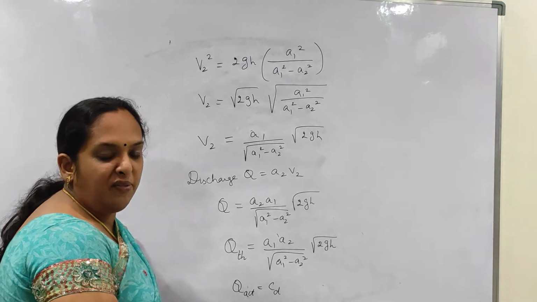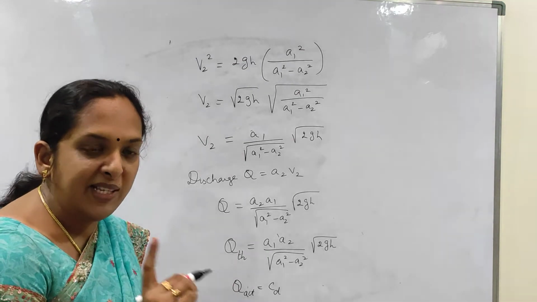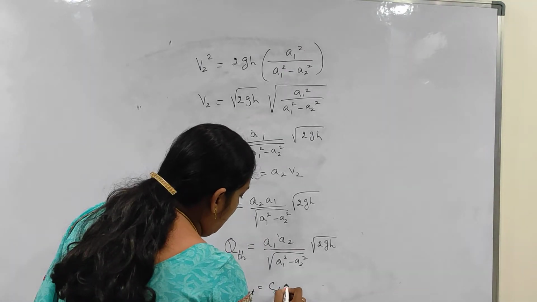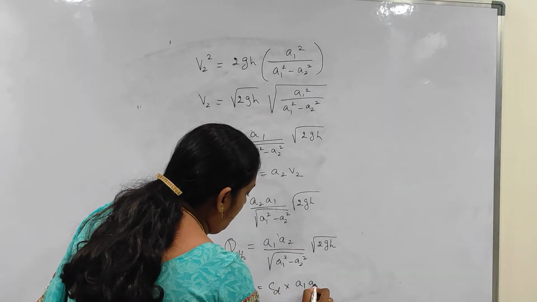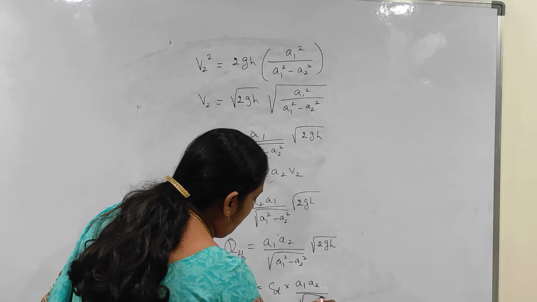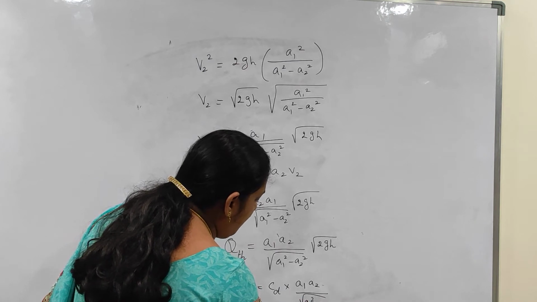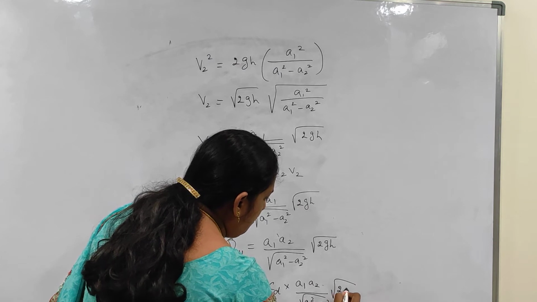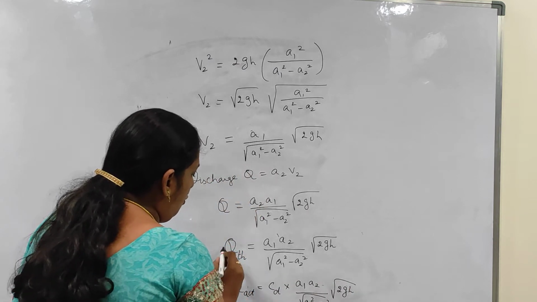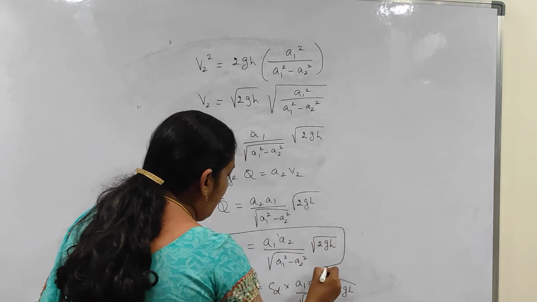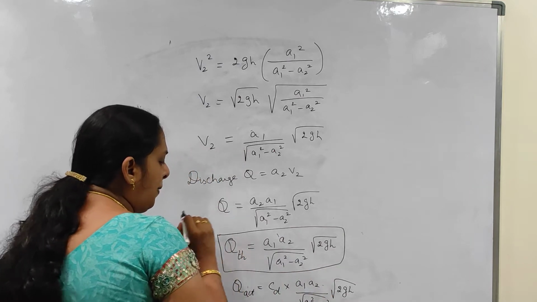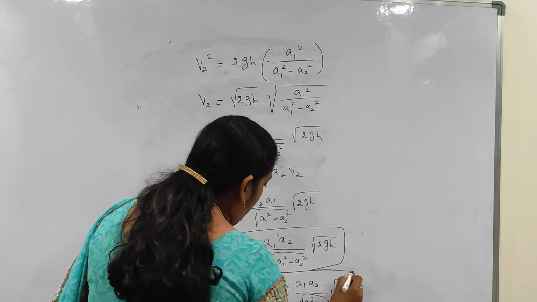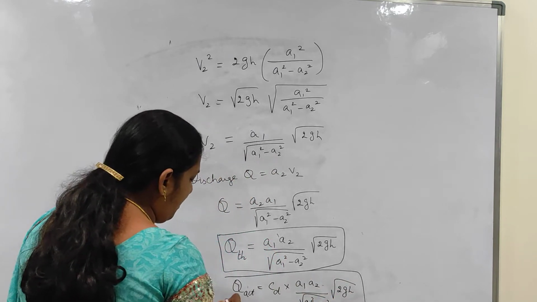CD is the coefficient of discharge, and its value will always be less than 1 in the case of a Venturi meter. So Q actual is CD into A1 A2 by root of A1 square minus A2 square into root 2GH. This is the rate of flow of the pipe theoretically, and this is the rate of flow of the pipe for the actual discharge.